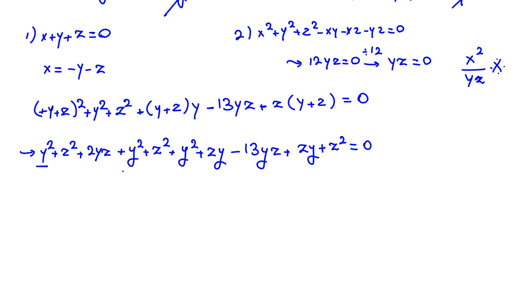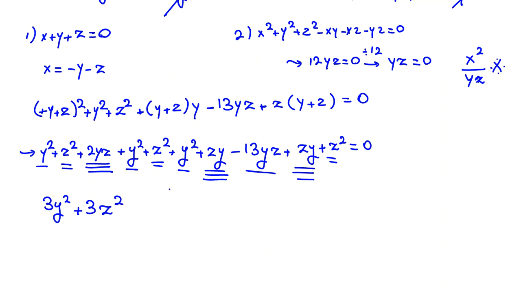So y squared, y squared, y squared: 3y squared. z squared, z squared, z squared: 3z squared. How many yz? 2yz, zy, 3yz, zy again, 3 plus 1, 4yz, minus 13, negative 9yz equals 0.